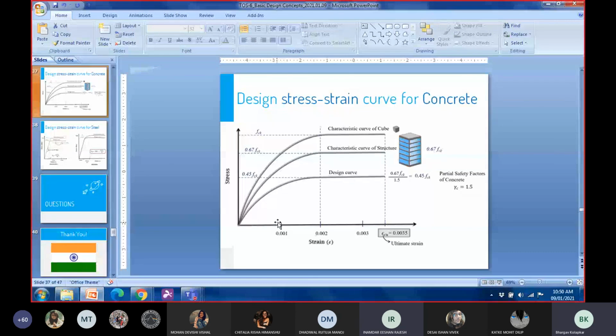Okay, so everything that we are doing in this graph is only for a cube. If we are working with a cylinder, we will use some different factors. You have to understand that we are moving from a standard specimen to an actual structure. So it has to be a function of the standard specimen that you are using. The factors that you see on screen are only for a cube. If you select a cylinder as your standard specimen, you will have slightly different factors.